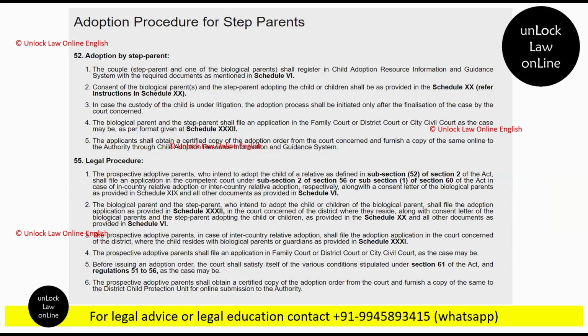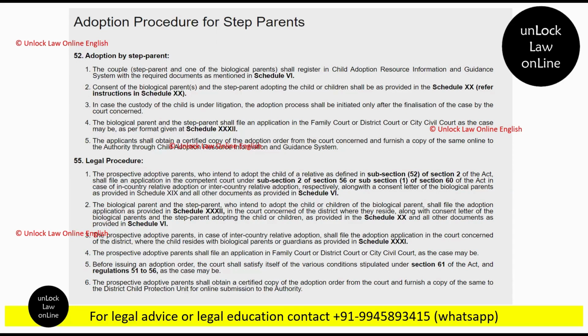The biological parent and the step parent shall file an application in the family court or district court or city civil court, as the case may be, as per the format given at Schedule 32. So you can refer to this Schedule 32 of the Child Adoption Resource Information and Guidance System guidelines. You can find the format over there.